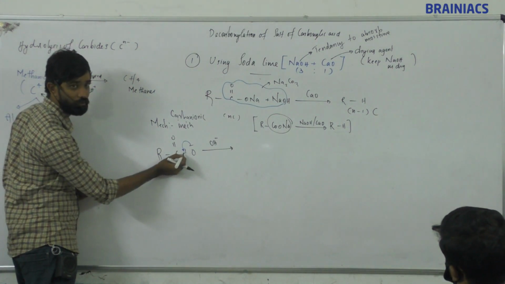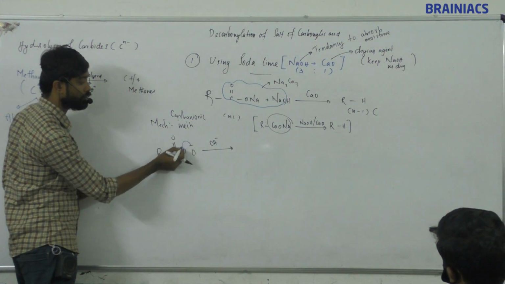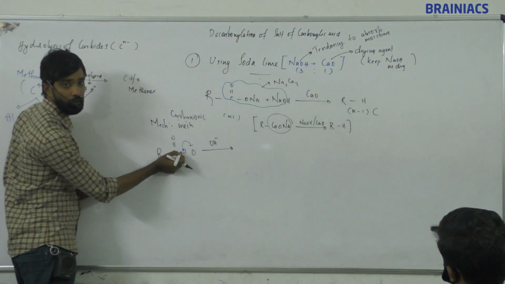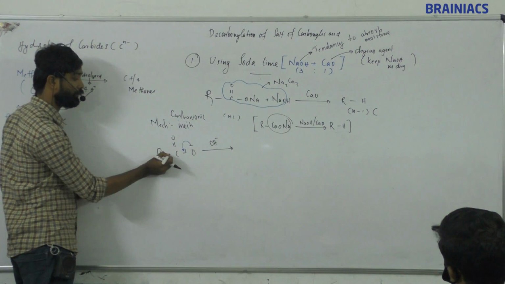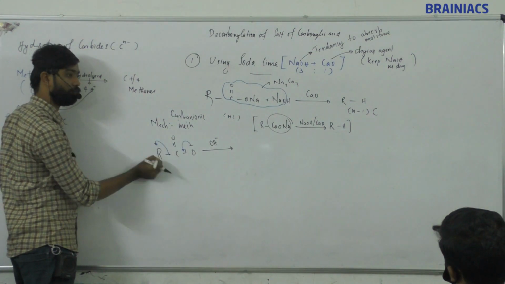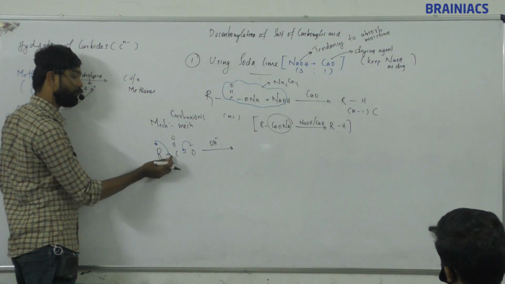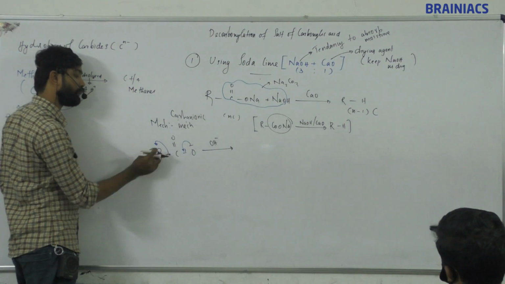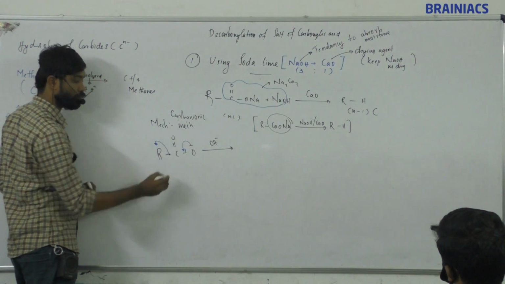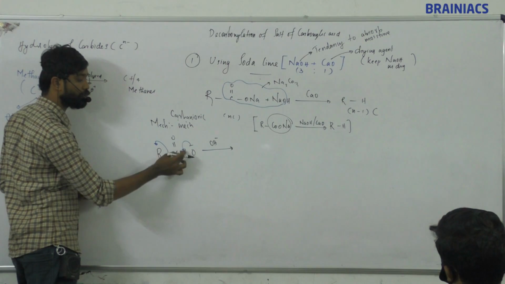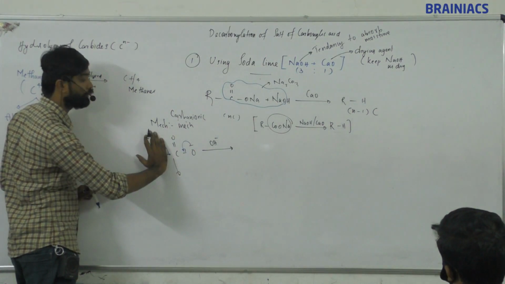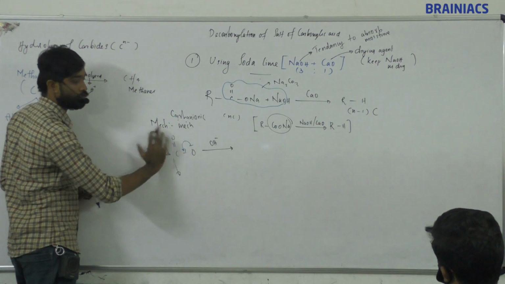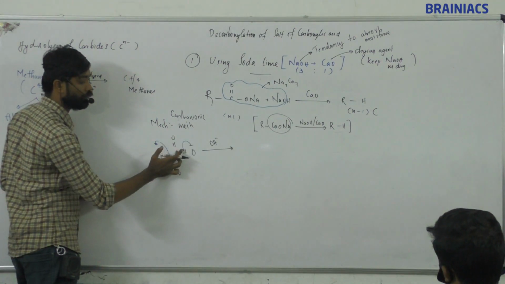So the valency of this carbon becomes 5, so the carbon gives the electron to R. If this jumps to here and this is clipped, this becomes CO2.